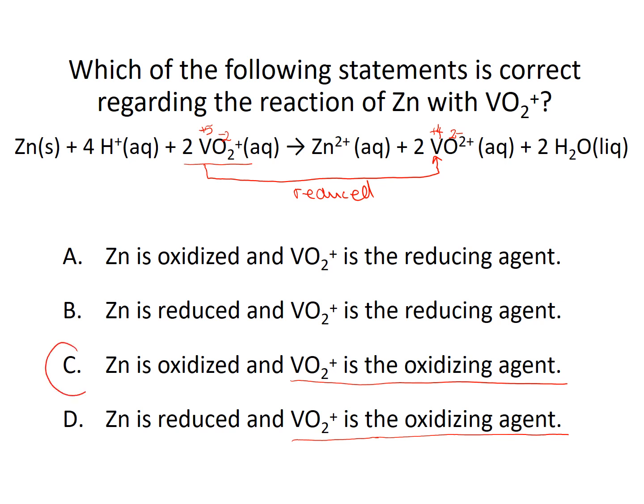So I would bet that the correct answer is option C, but let's double check. Zinc goes from the 0 oxidation number to the +2, and as it increases its oxidation number, it will signal that an oxidation happened. So zinc got oxidized from 0 to +2.